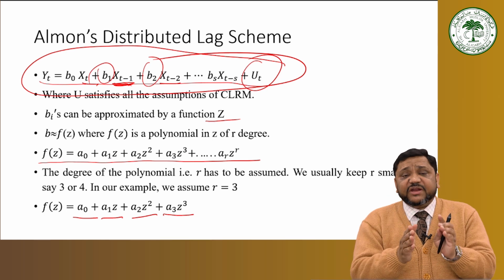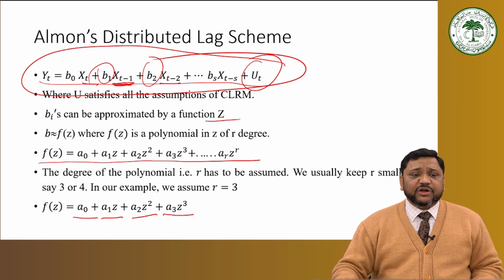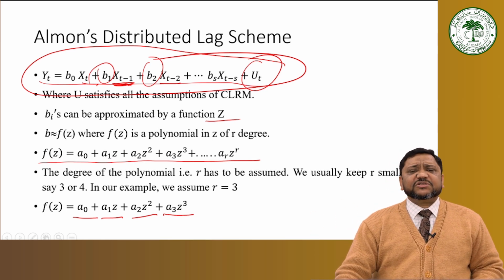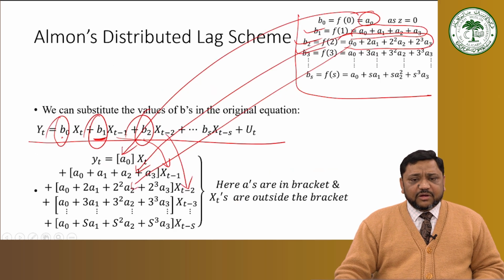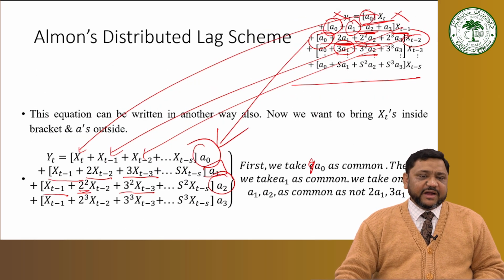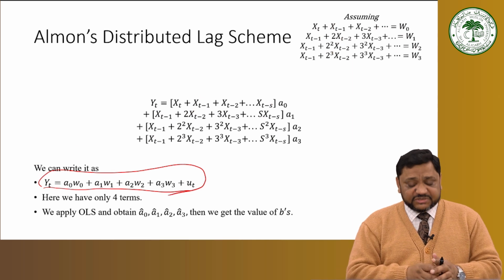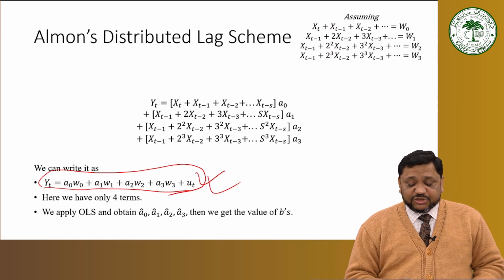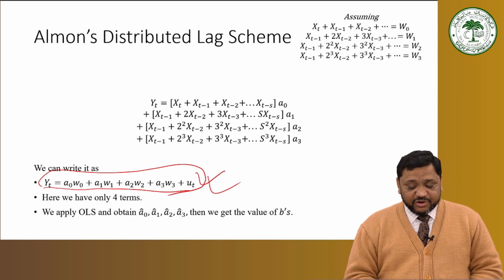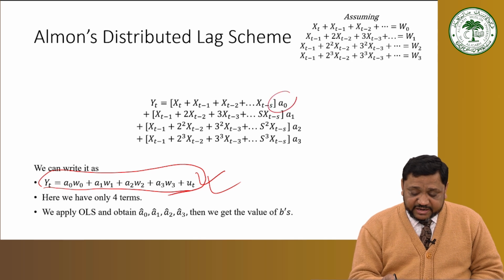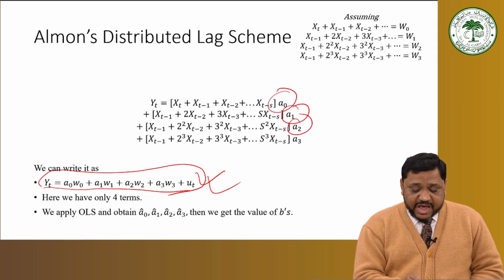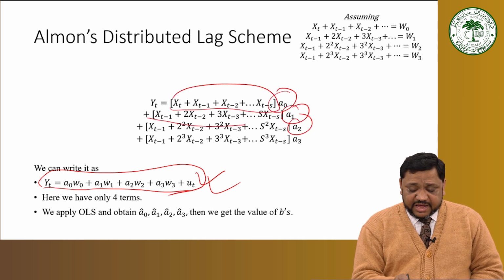Or if there are 3 variables and we take a lag of each of them, there is much chance of having a problem of multicollinearity. But once we have transformed this and estimate it, this problem of multicollinearity is not there, because now we are writing in terms of A0, A1, and W1 and W2.